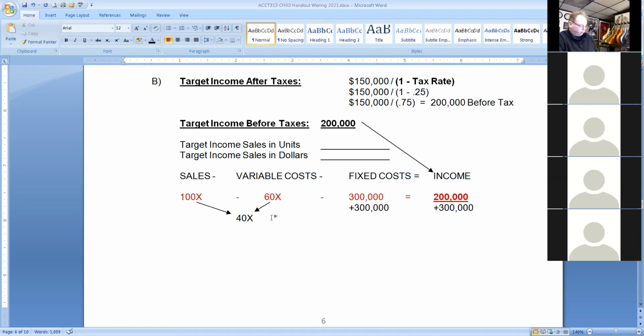Okay. I shouldn't have underlined that. We have to take that out.